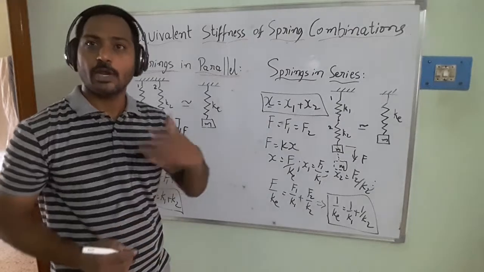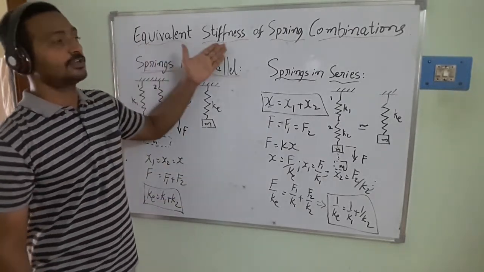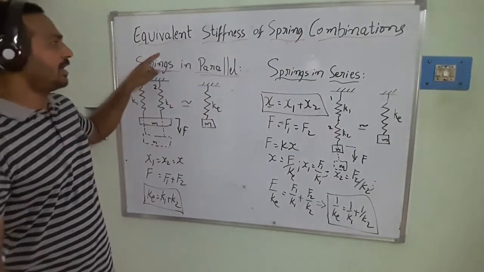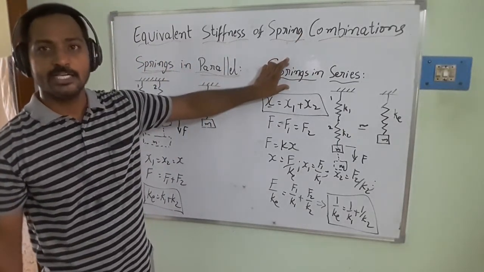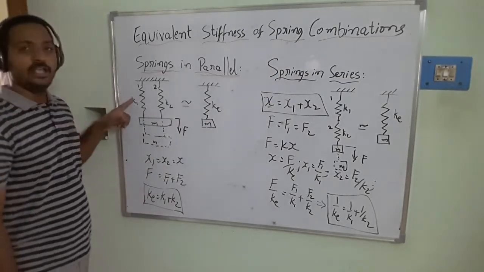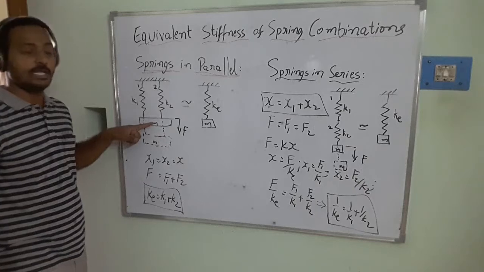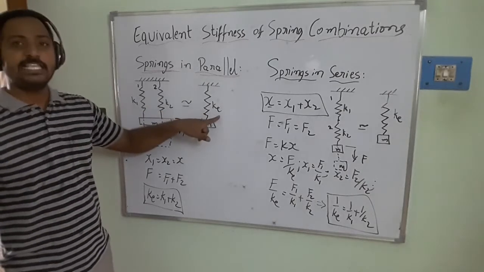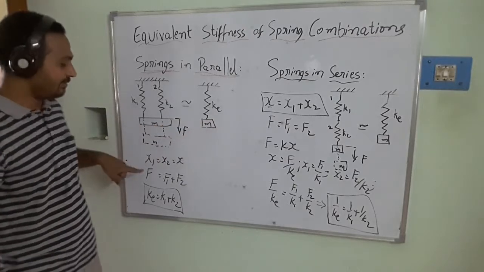In the summary of this topic, we are deriving the equivalent stiffness of spring combinations. The first combination is the parallel springs. The second one is the springs connected in series. There we can see spring 1 and spring 2 with the mass attached. Then we converted them into a single spring, called the equivalent spring, developed by this mathematical equation.